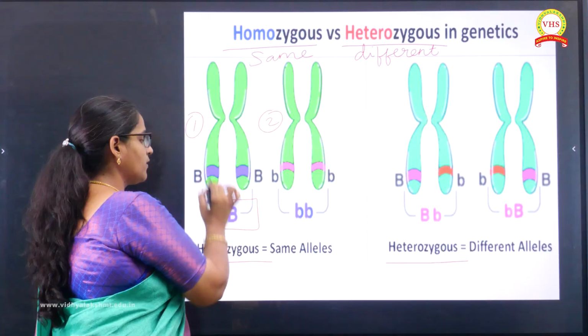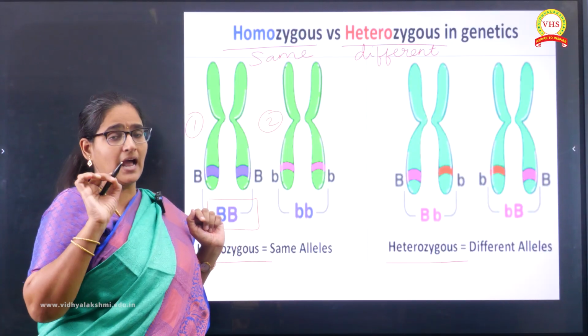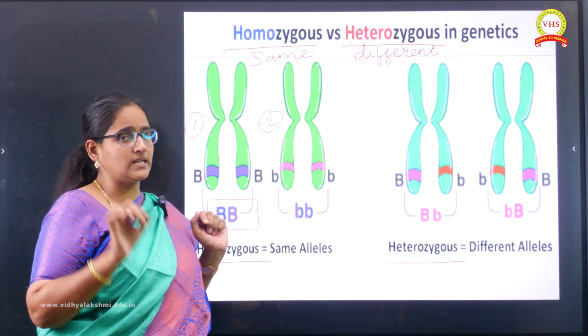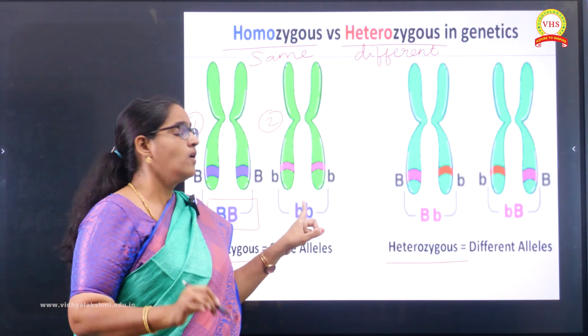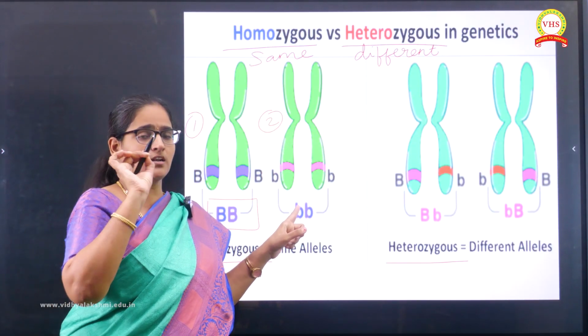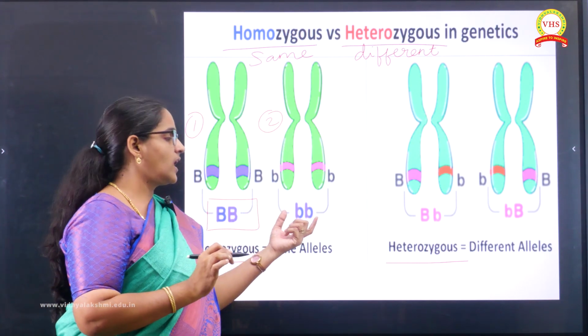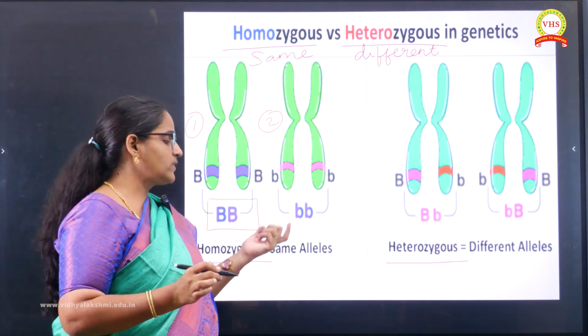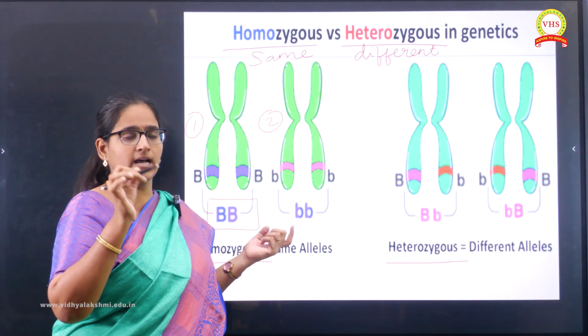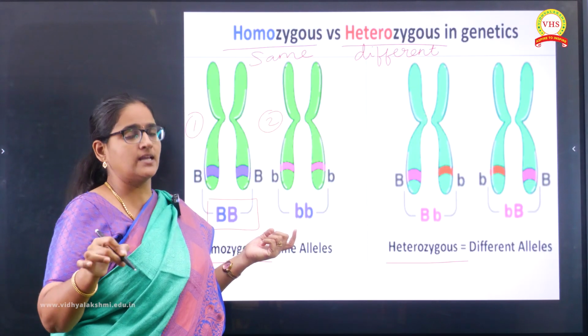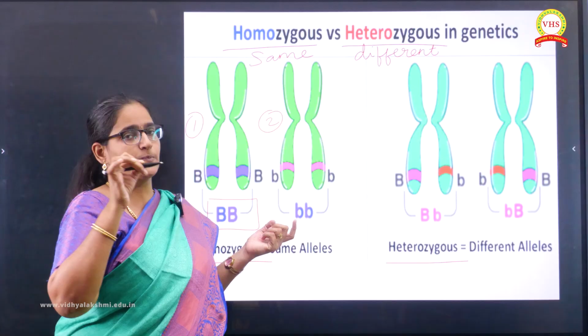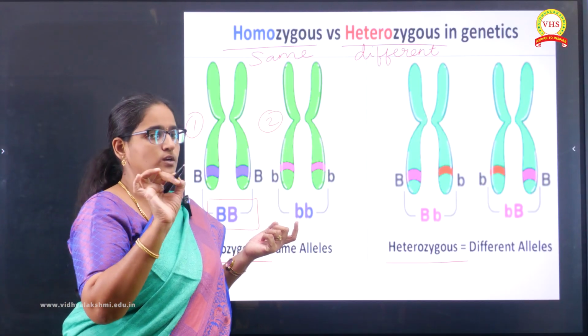So chromosome number 1 has capital B allele on both sister chromatids, and chromosome number 2 has only small b alleles on both of its chromatids. Since the alleles are the same, I am giving the term homozygous. Homozygous alleles represent the same type of alleles present on the structure of the chromosome.